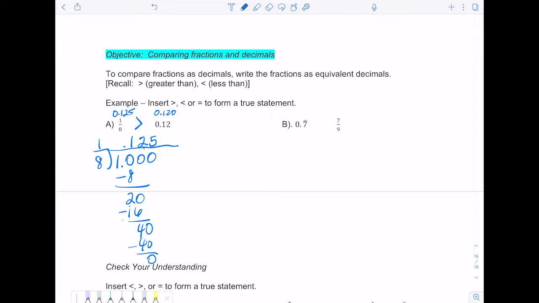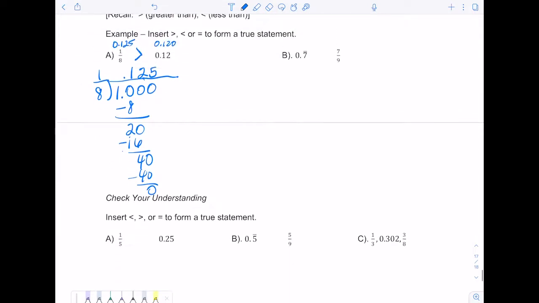Okay, and you're going to do that for each of these. So I will give you the answers so you can try. These are actually going to be equal. This will be less than, equal to, and then you need to put these in order. And it's going to come out to be 0.302 is the smallest.